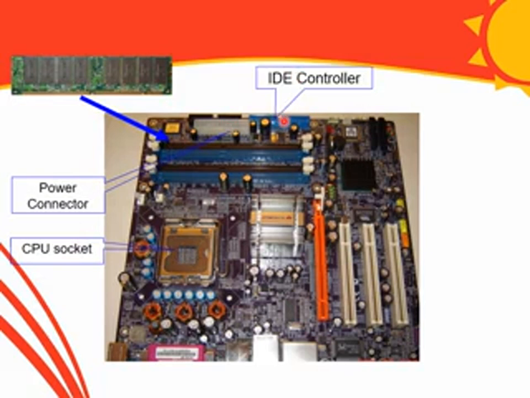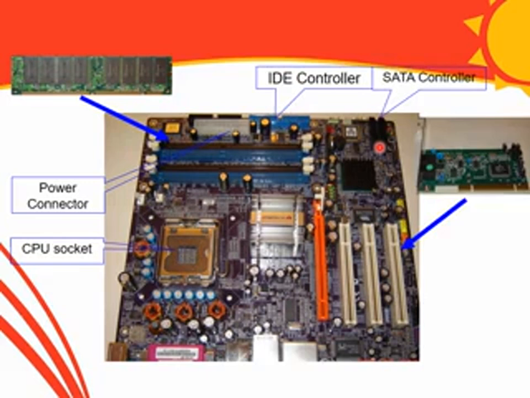The IDE controller, the SATA controller, and the expansion slots are here where you put the expansion card. Any expansion card, it could be a network card, an audio card, a video card, or any other card that you would put there.